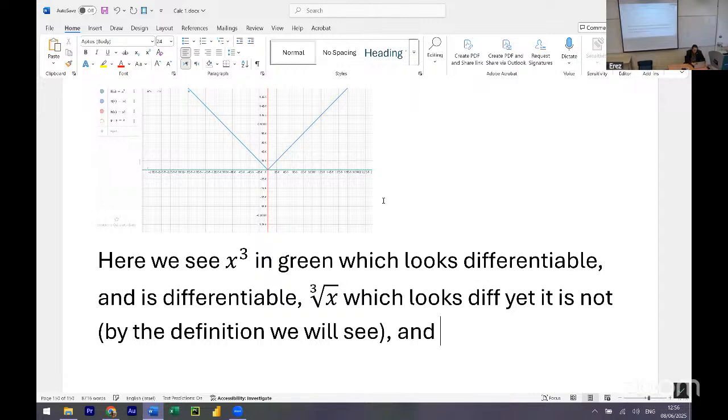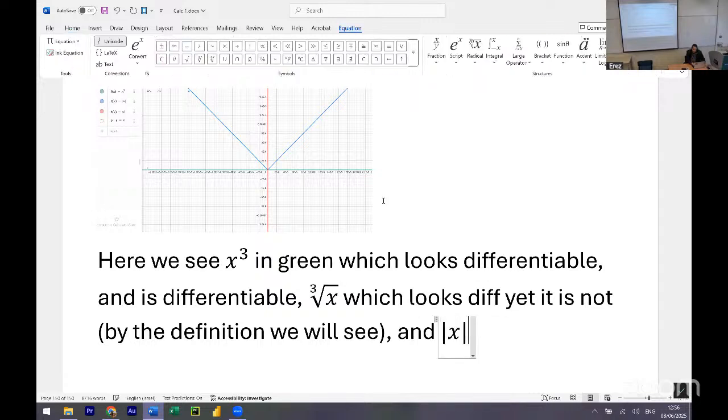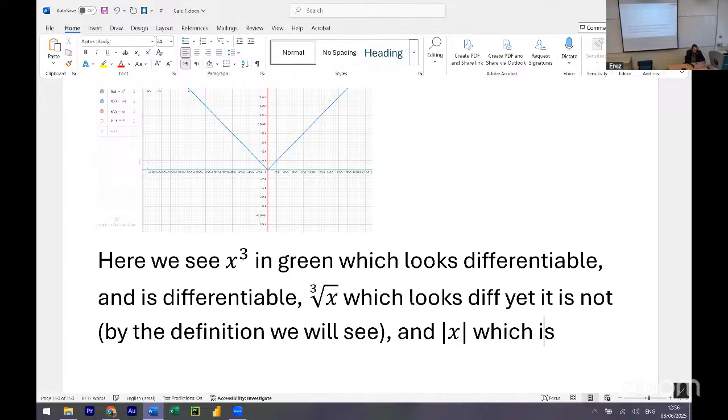And the absolute value of x, which doesn't look differentiable and is not differentiable.